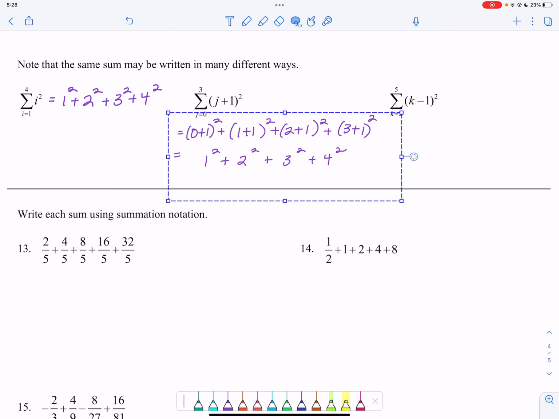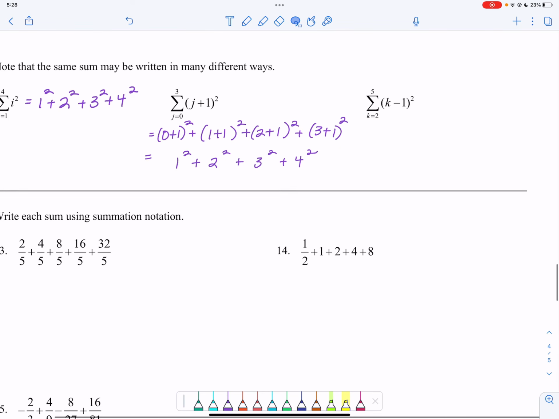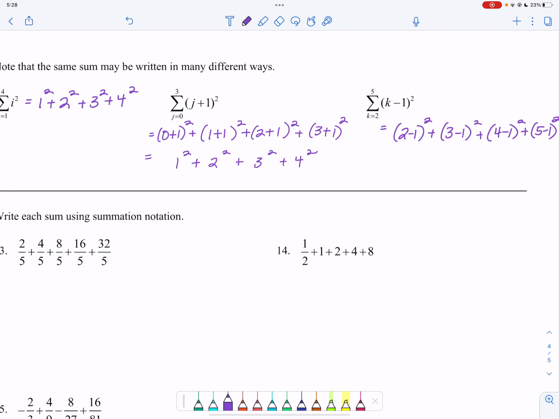So the same sum may be written in many different ways. So here we have, starting at k equal to 2, (2 minus 1) squared plus (3 minus 1) squared plus (4 minus 1) squared plus (5 minus 1) squared.